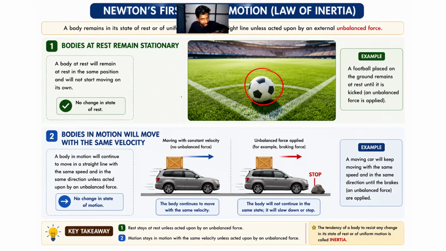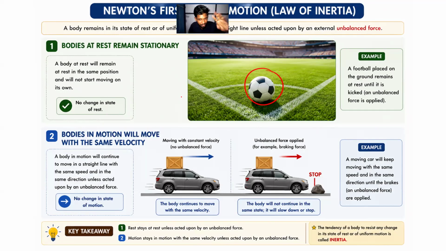Okay, fine. Next one. For example, a body is there that is moving. Just say a ball is moving towards the goalkeeper. Now, just imagine the goalkeeper didn't do anything for that ball. What will happen? The ball will move with the same velocity. Am I right or wrong?